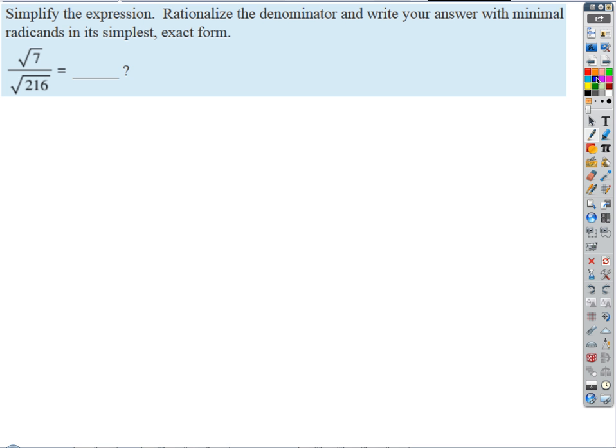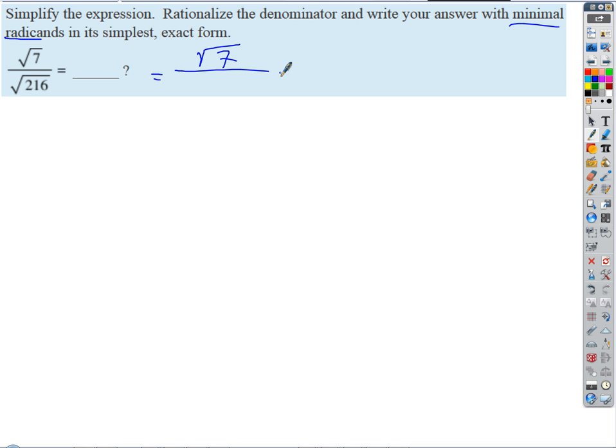So one thing we gotta do is we have to have minimal radicand. So we've gotta do the stuff we just did, right? The square root of 216 is a big ugly number, but we can make that smaller, right? We can make that look a lot better. We can hopefully simplify that radical. So on the top, we're stuck with the square root of 7, it's prime.